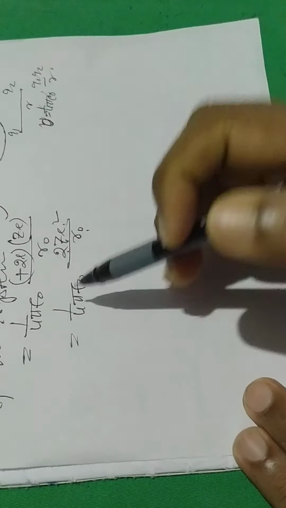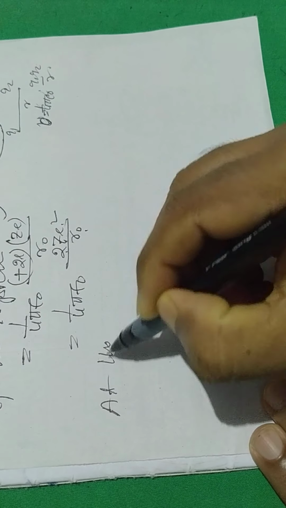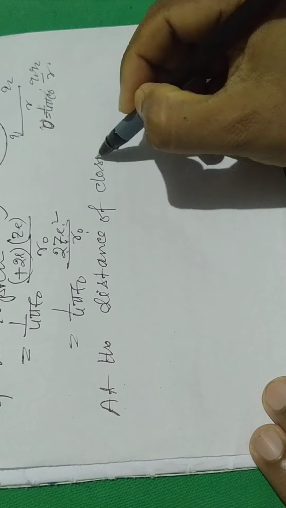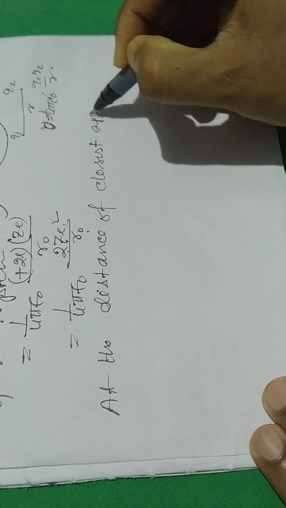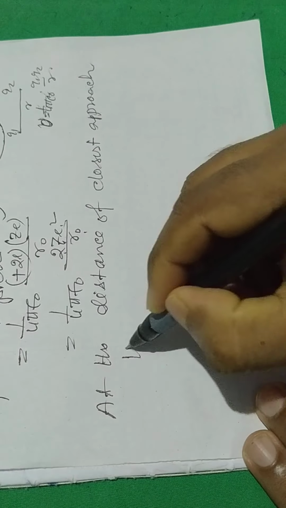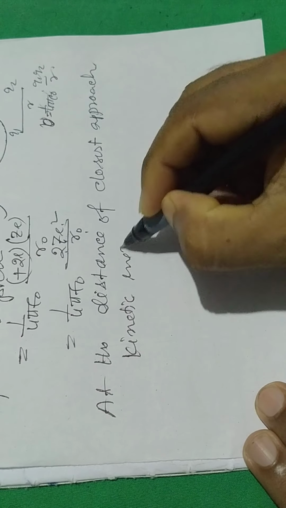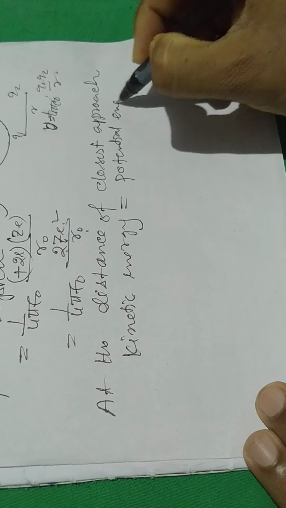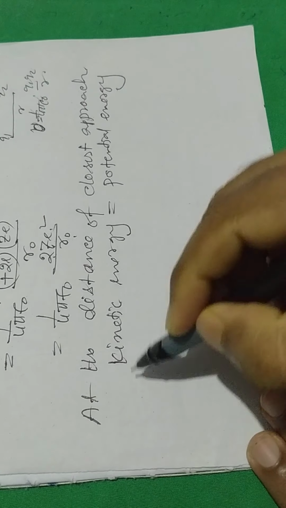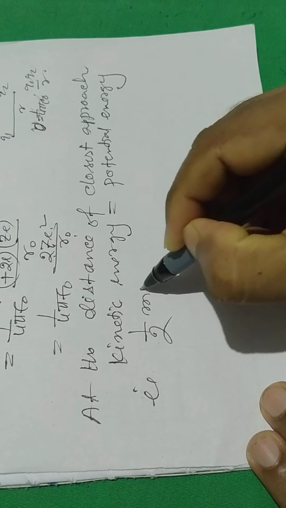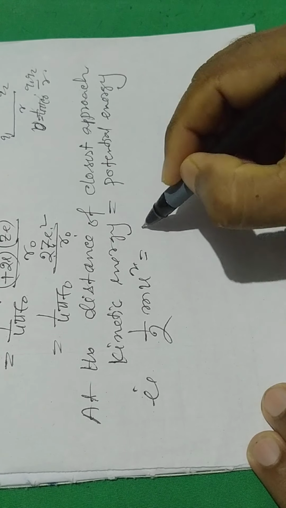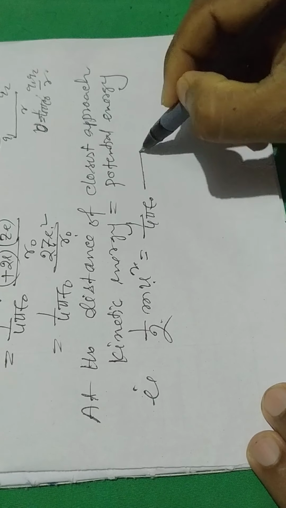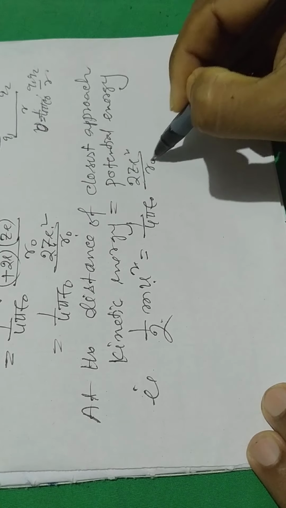So at the distance of closest approach, kinetic energy equals potential energy. That is, ½mu² equals 2Ze² by r₀ times 1 by 4πε₀.